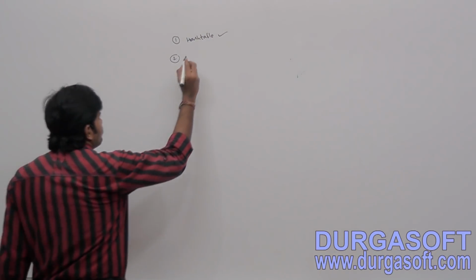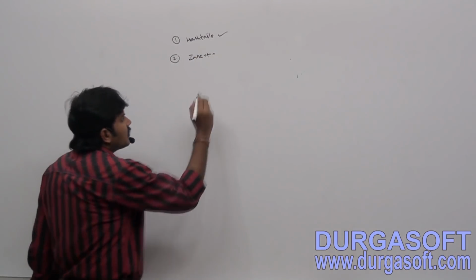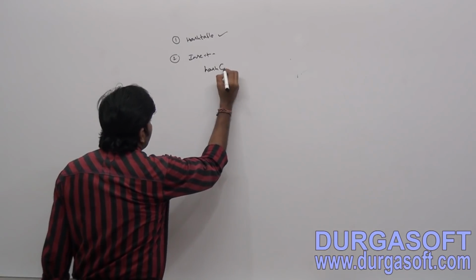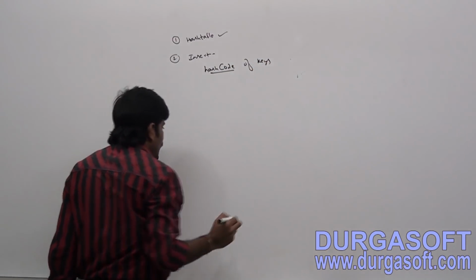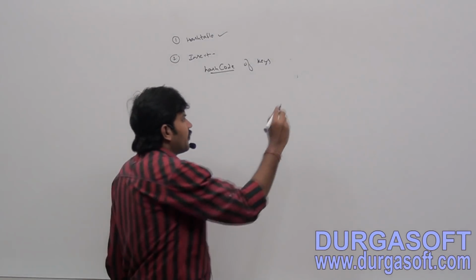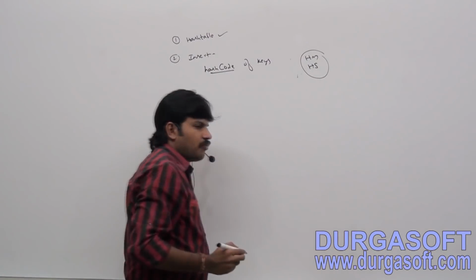Can you tell whether insertion order is preserved or not? Not preserved, and it is based on the hash code of keys. Somewhere I told the same point related to HashMap and HashSet also.